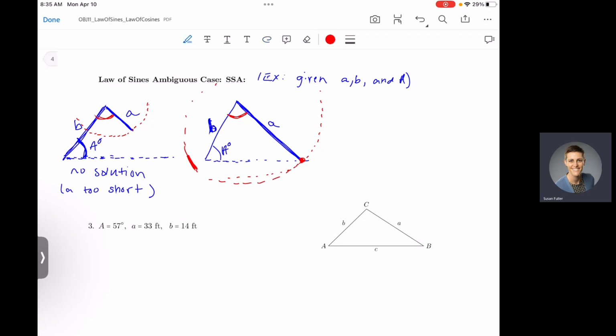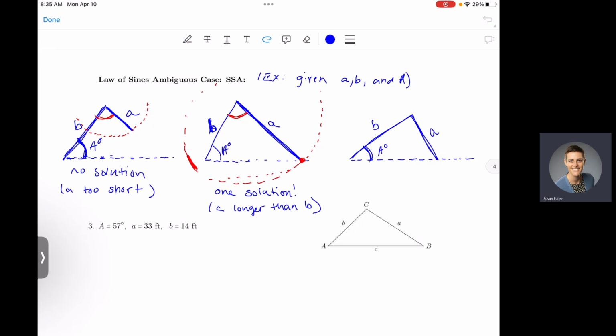If side A is this long, then I don't know exactly how big anything else is. And again, I'm going to use this as kind of like a radius, and I'm going to swing this around in a circle and see where it hits everything. As I do this, notice angle A hits over here, which creates one triangle right here. But I could also swing side A over here, and it also hits this bottom line over here.